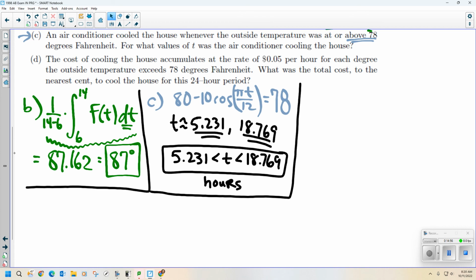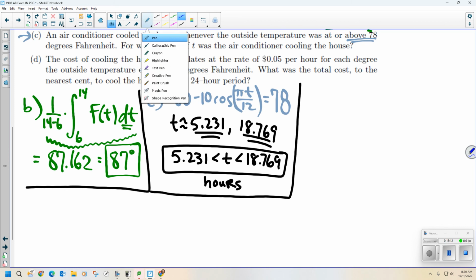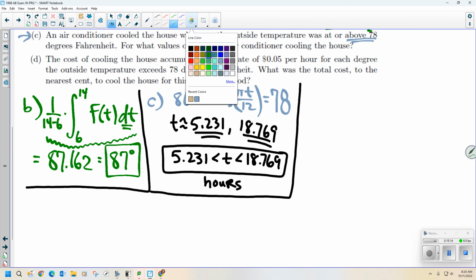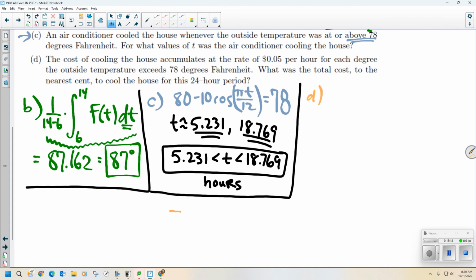All right. So what I want to do is figure out my temperature, okay, let me state it this way. Let me pick my pen first before I start talking. Orange, good. D, right here. Okay, first of all, we're just talking about the AC. The AC is going to start turning on here.